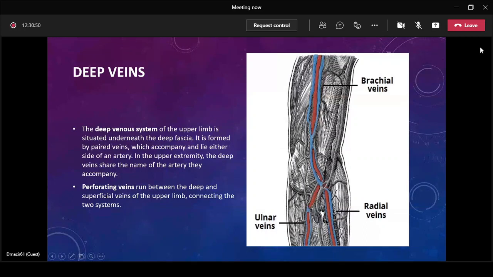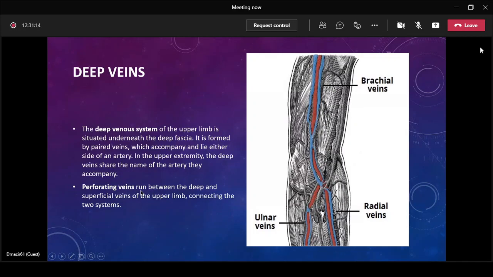In the upper extremity, the deep veins share the name of the artery they are accompanying. That means the deeper veins are the ulnar veins, the radial veins, and in the upper part, the brachial veins. And there are some perforating veins which I elaborated in the last lecture also.